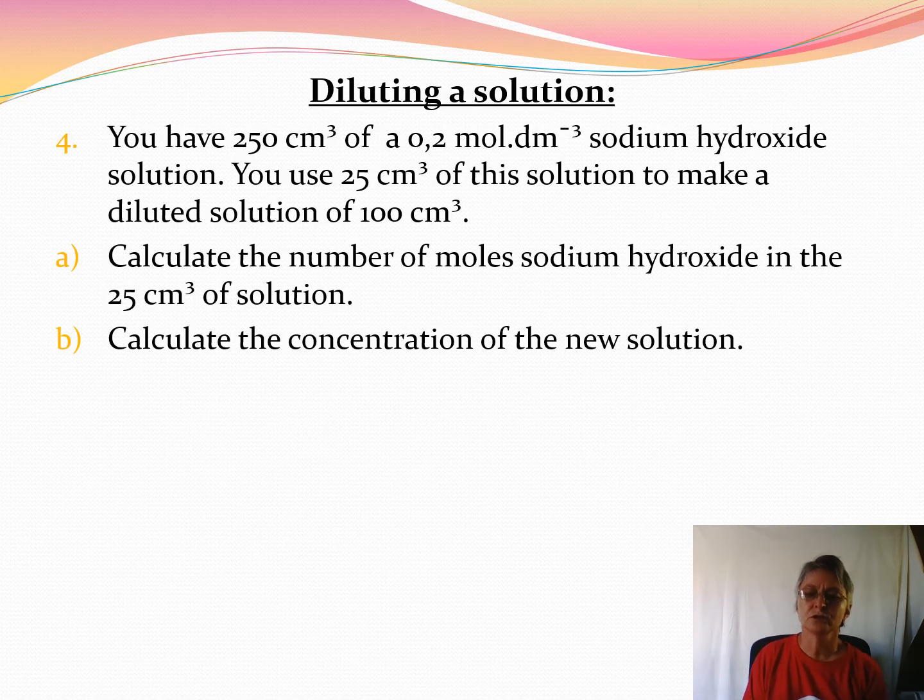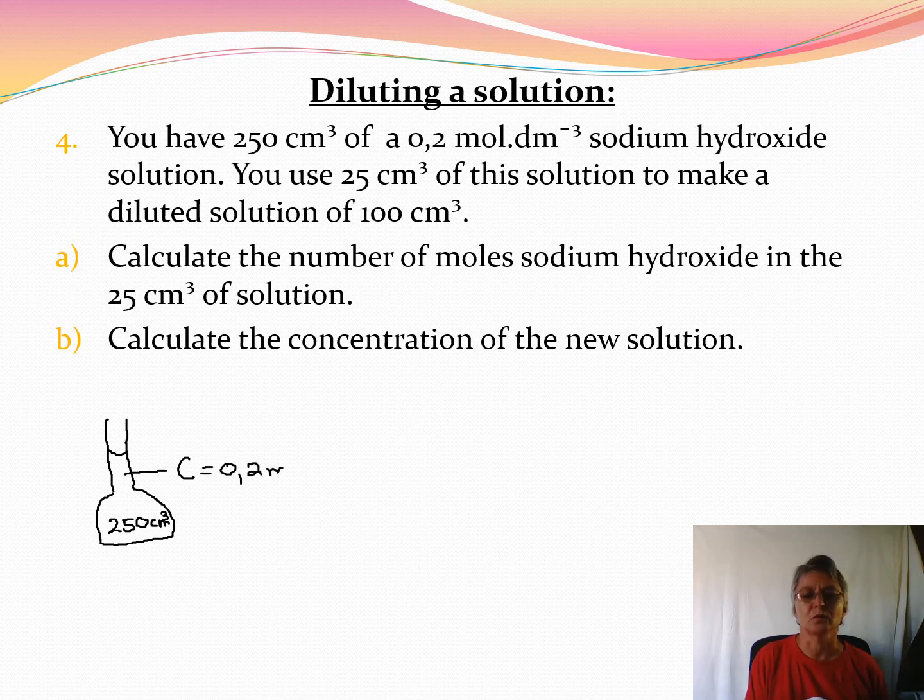Next, I want to show you how to calculate the concentration if you dilute a solution. I prefer using diagrams. So we have a 250 cubic centimeter solution of sodium hydroxide in a volumetric flask. The concentration is 0.2 mole per cubic decimeter.